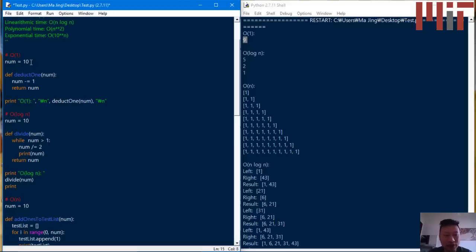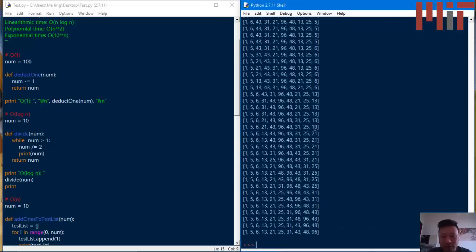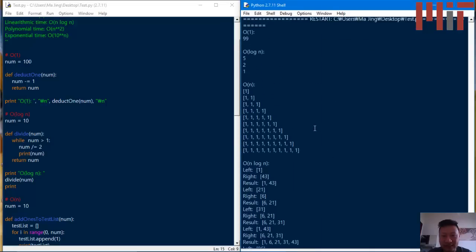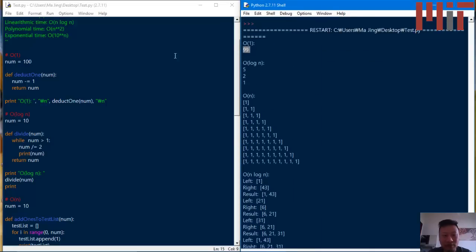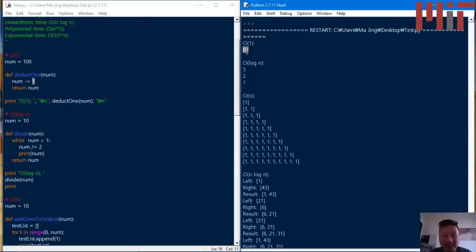Imagine if the input were 100. So you're increasing the input by 10 times, 10 times 10 is 100, and you would run this function. Then the output would be 99, because 100 minus 1 is 99.